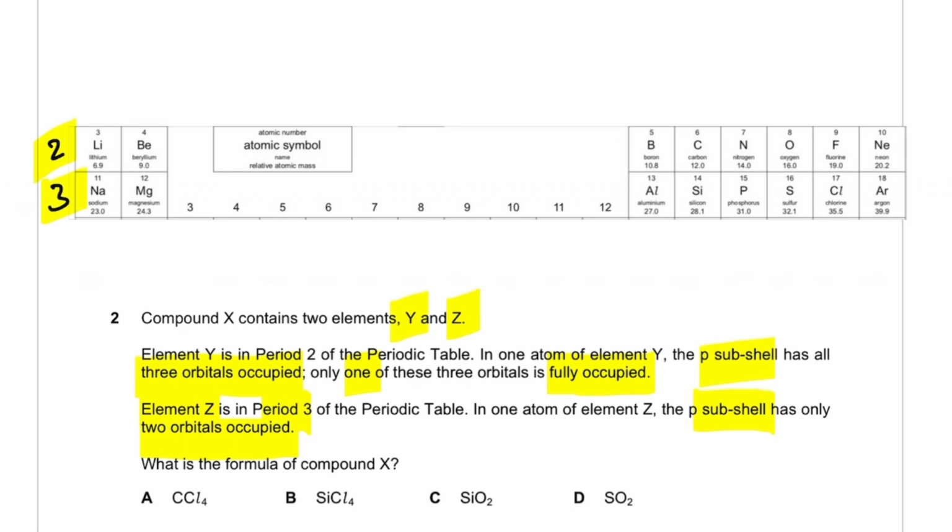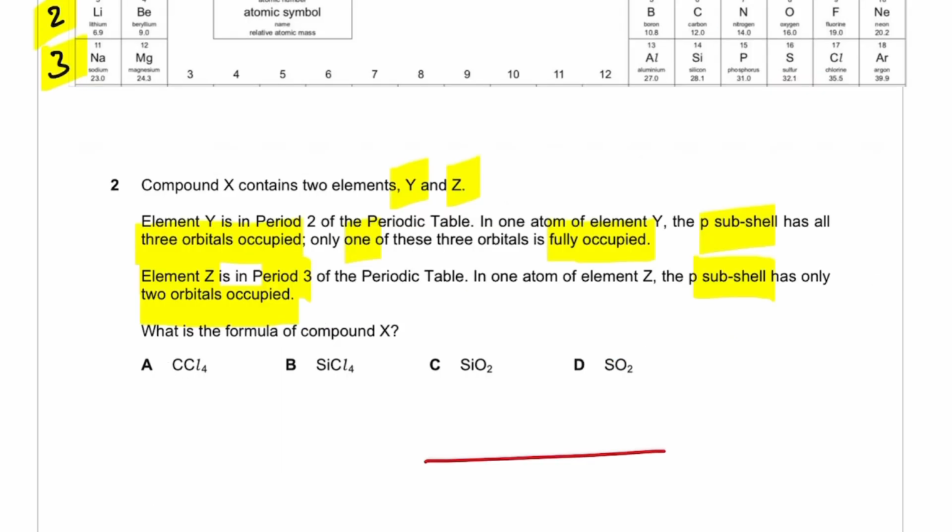So here are periods 2 and 3, and since we're talking about p subshells, we'll look at the p block of the periodic table. The p subshell has 3 orbitals. We fill electrons singly first, and then we pair them. So it'll go like this, this, this, this, this, until they are full.